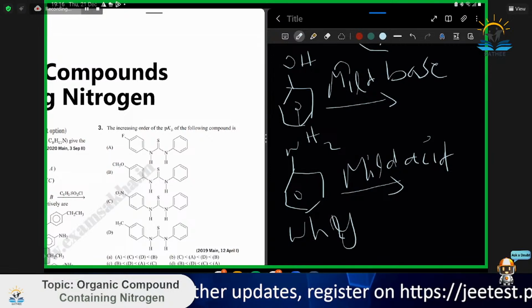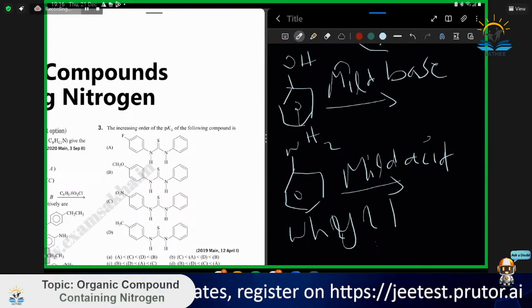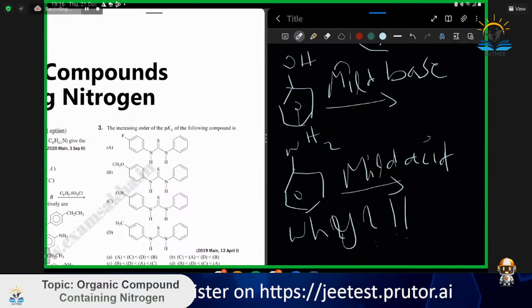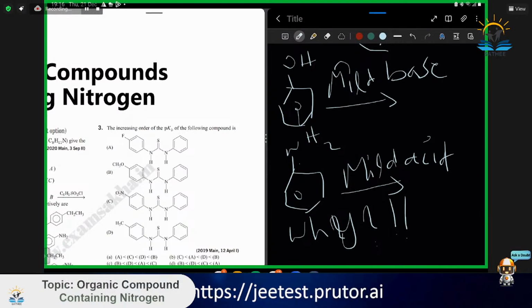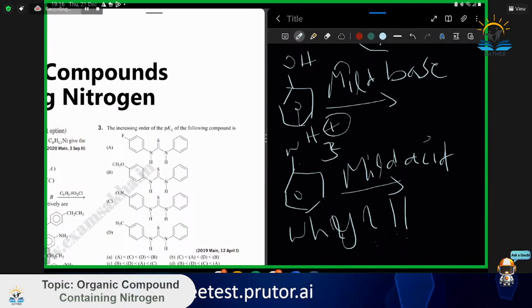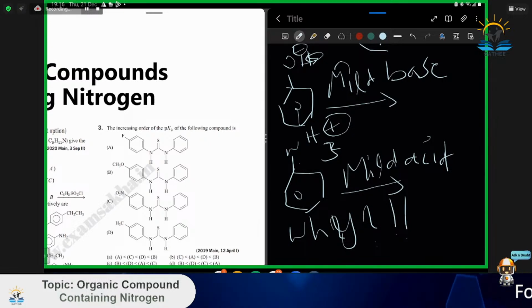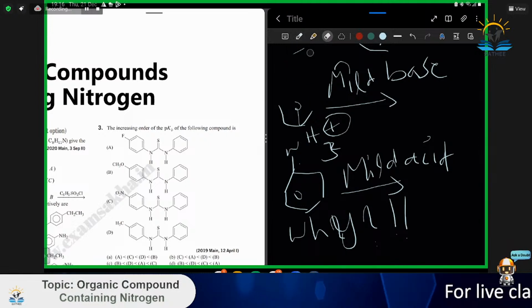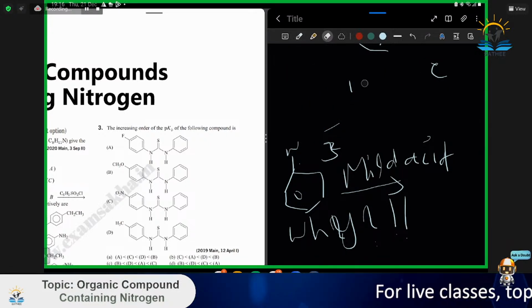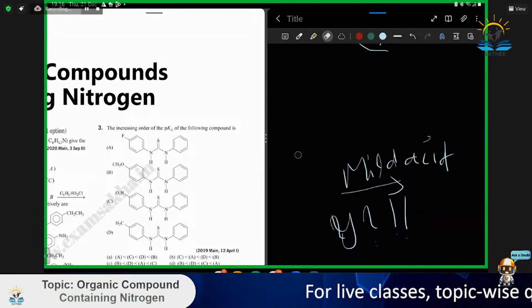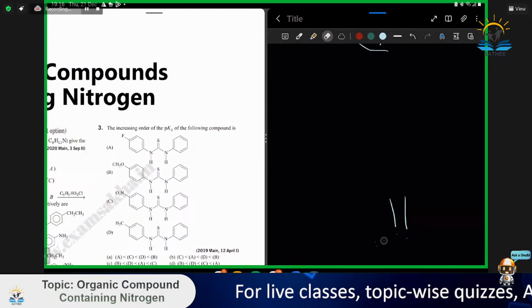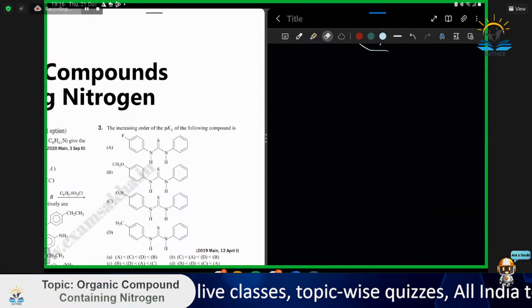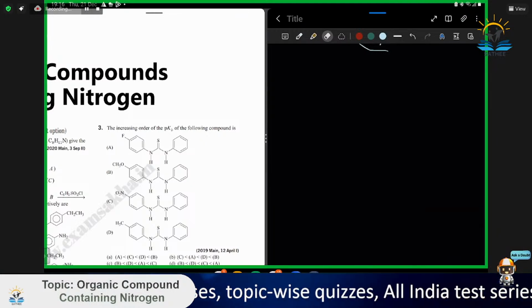Why? Your NH2 in presence of mild acid turns into NH3 plus, and OH in presence of mild base turns into O minus. So it activates this thing. Phenol activates in mild base medium and NH2 activates in mild acid medium to form the coupling reaction. So in that question, the reaction is a coupling reaction and aniline, so your reagent is mild acid.